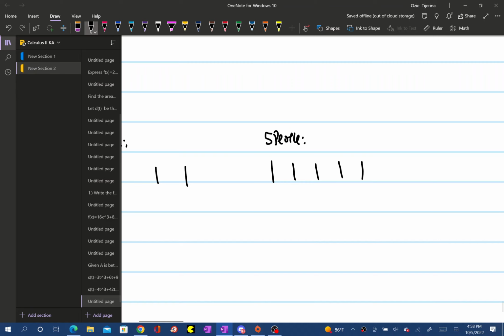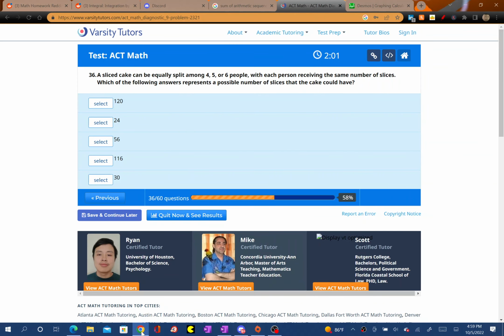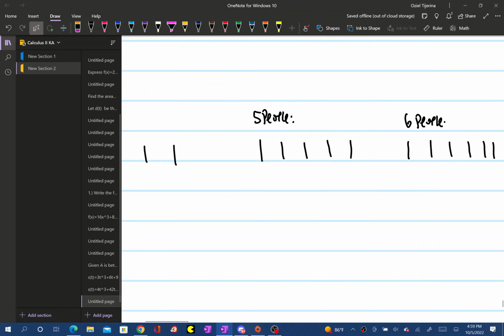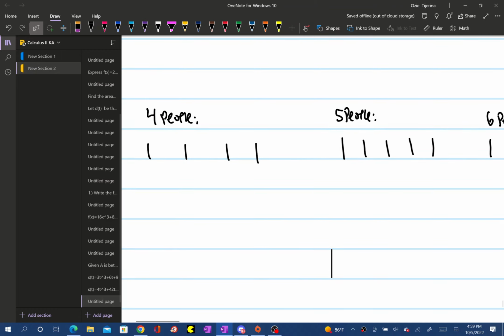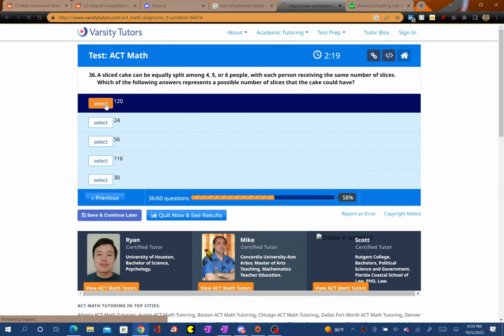The same number of slices for 5 people. And if I had 6 people, I can do 1, 2, 3, 4, 5, 6 slices. But I don't know. I don't know the answer. I'm gonna go with 120. I don't know this one.